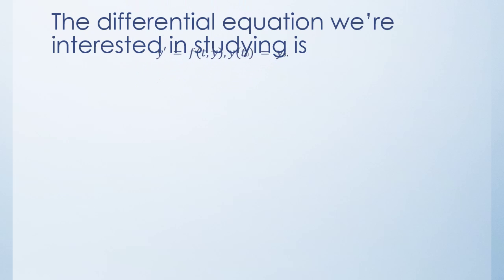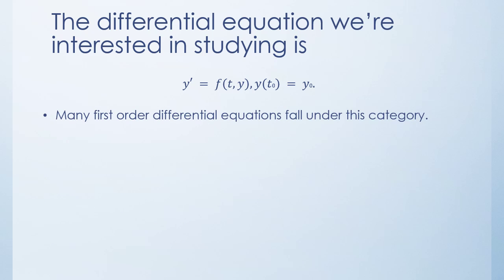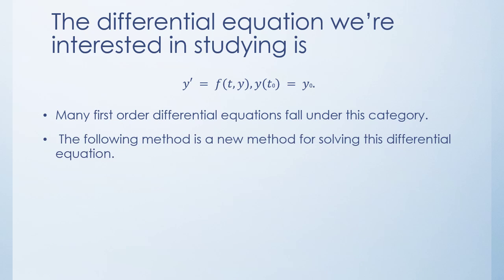The differential equation we are interested in studying is y prime is equal to f of t and y, given that y of t naught is equal to y naught. Many first order differential equations fall under this category.